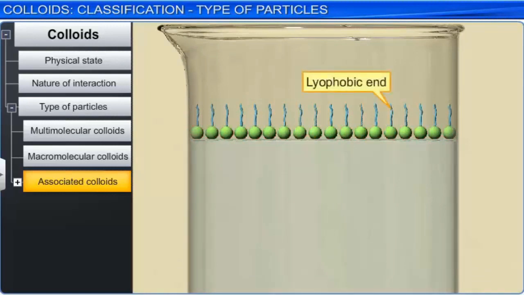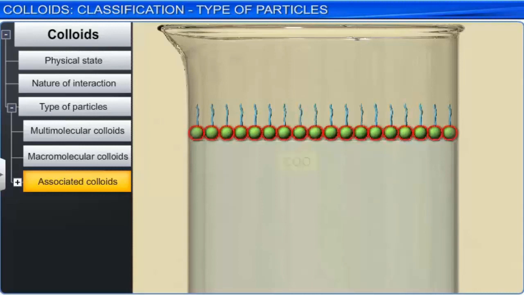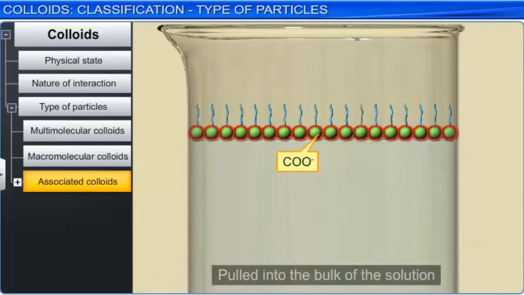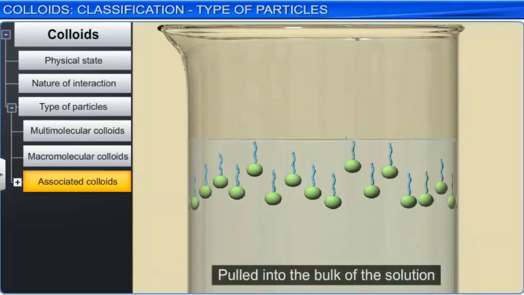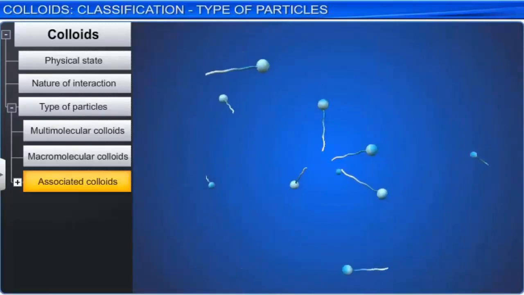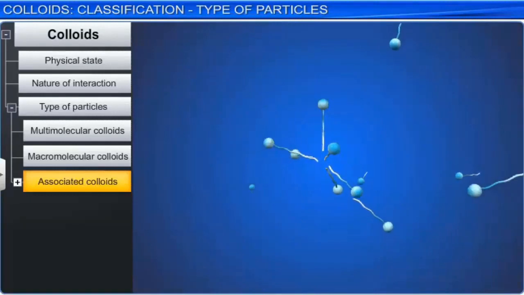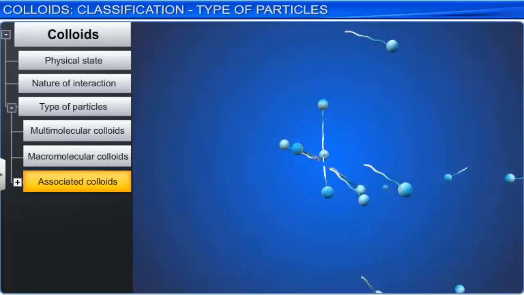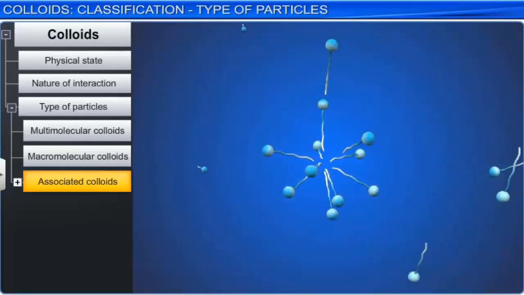At the critical micelle concentration, the polar COO- part is pulled into the bulk of the solution. Thus, a cluster is formed with the hydrocarbon chains pointing towards the center of the sphere, and the COO- part oriented outwards on the surface of the sphere.